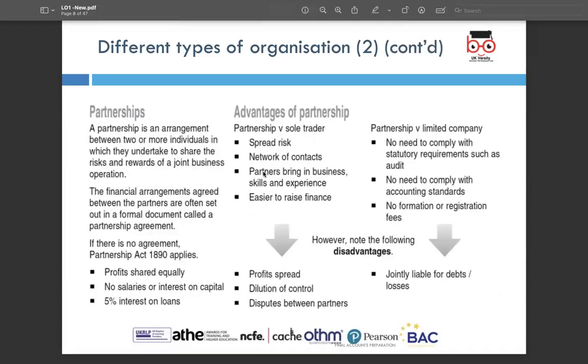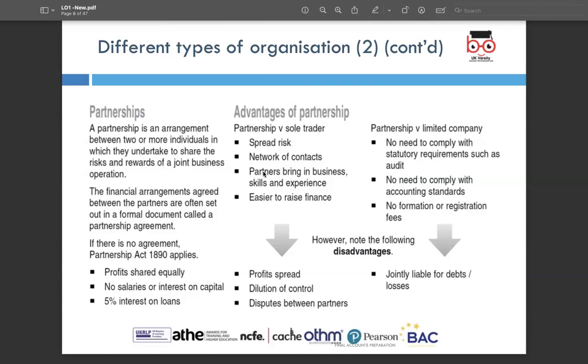Partnership is a business arrangement where two or more individuals come together to operate a business, sharing both risk and rewards. The terms of their financial agreement are typically outlined in a formal document known as a partnership agreement. If no such agreement exists, the default rules of the Partnership Act 1890 govern the partnership's operations.